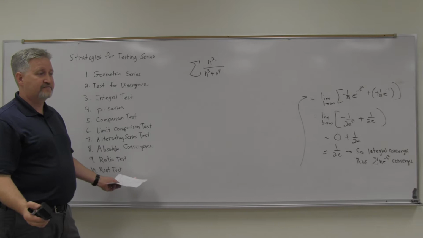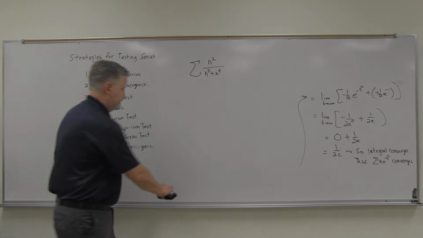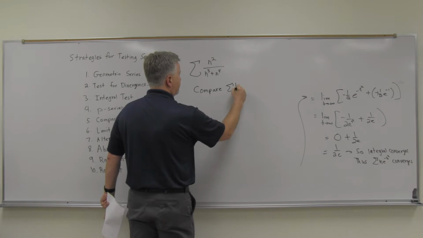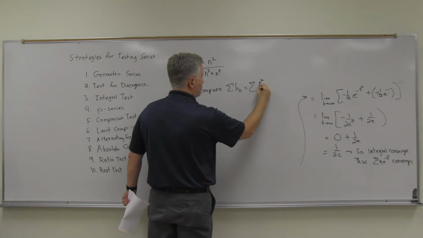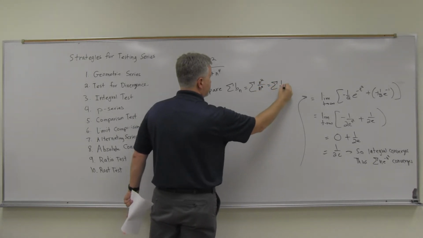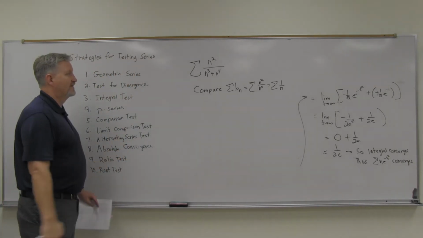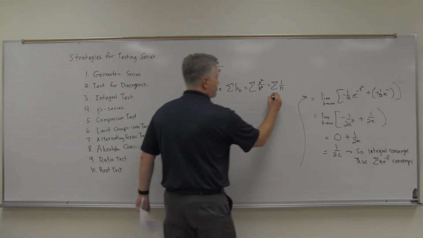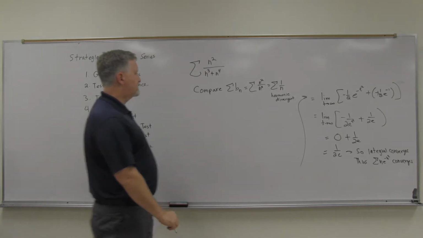It's not an obvious p-series or geometric series, but if I compare it to a b sub n, what would I do? n squared over n cubed. That'll probably work out, which is just 1 over n. That's our harmonic series, or the p-series. We didn't do any p-series either, but be sure you've got p-series figured out. But yeah, that's harmonic, so it's divergent. So b sub n diverges.